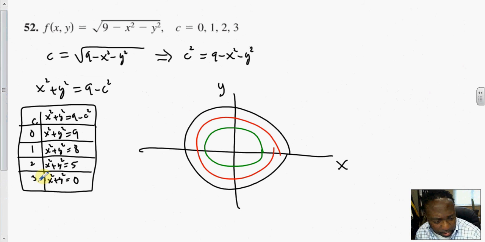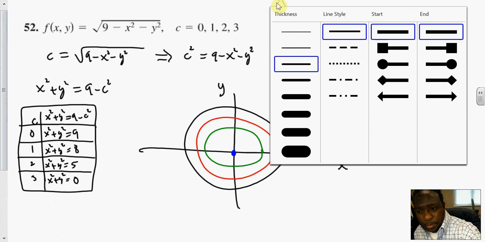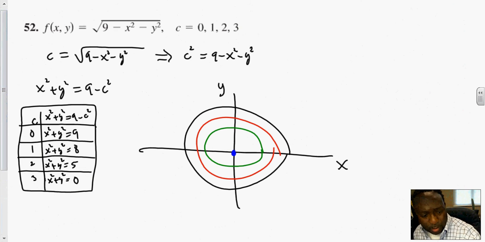Then the degenerate case is at the origin. So this is c equal to 0, c equal to 1, c equal to 2.